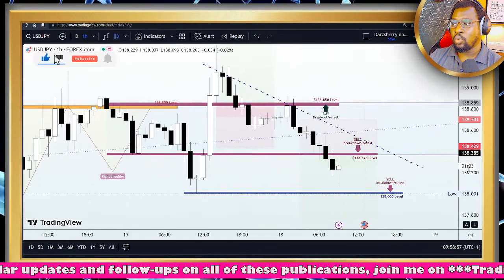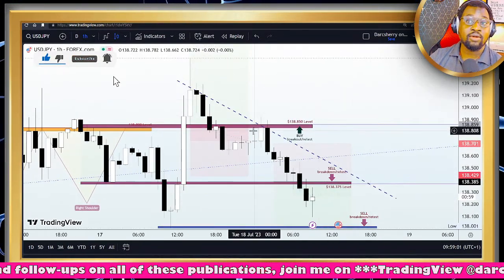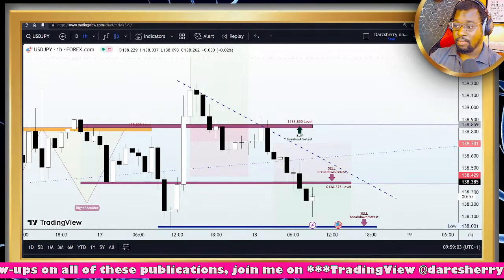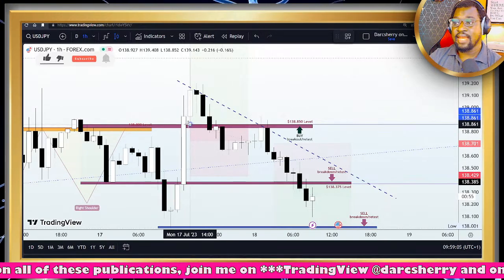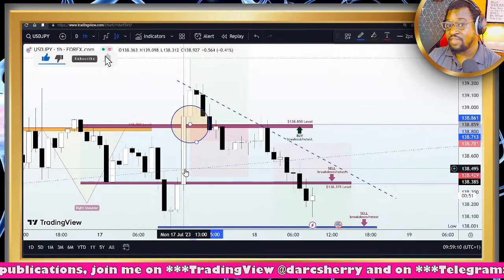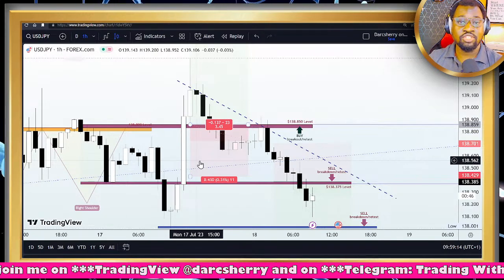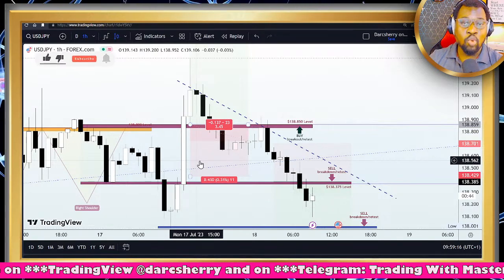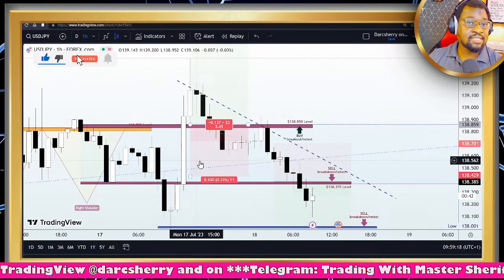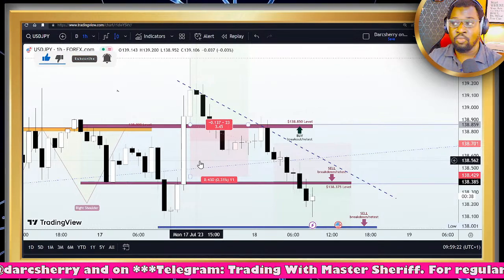Now if you look at the 1 hour time frame, since price action broke out of that proposed neckline we identified at the 138.00 level, which never lasted long, we can see that since yesterday price action had continued to find lower lows and lower highs. And when you start seeing lower highs in the market, it's a clear sign that sellers are gradually gaining momentum.